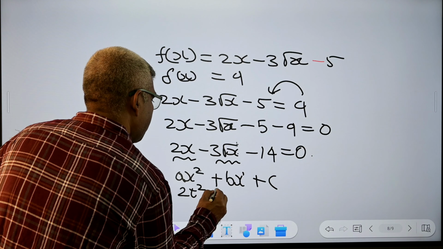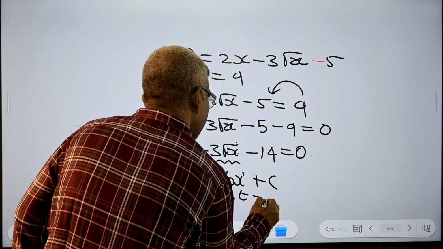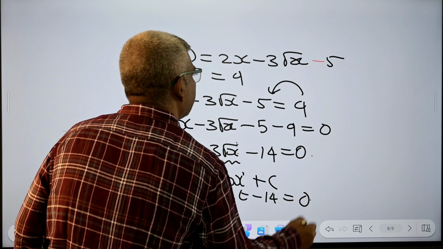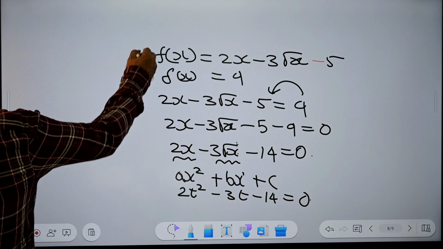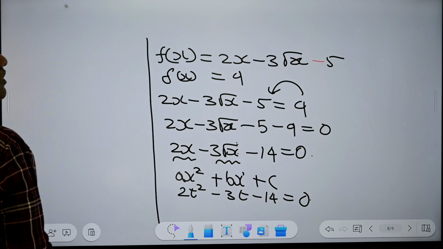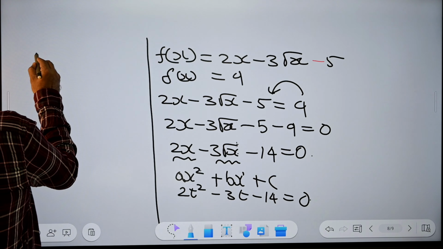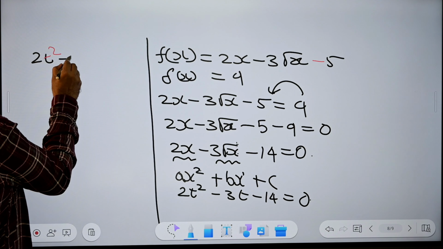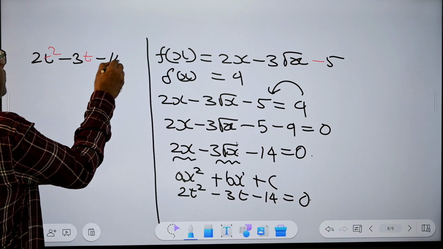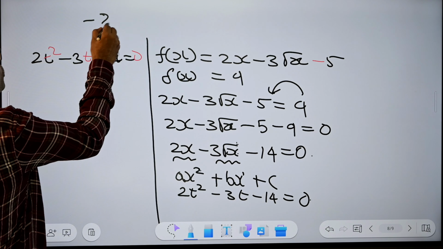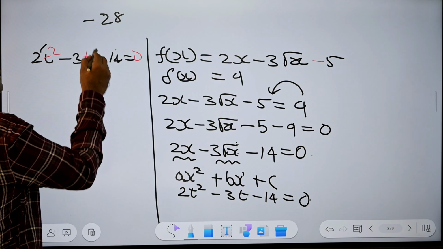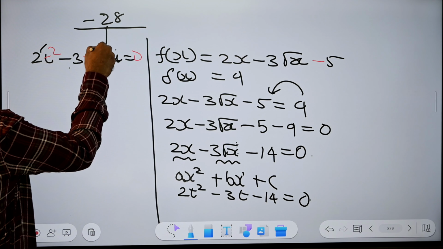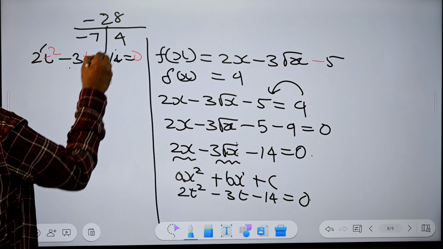2t squared minus 3t minus 14 equal to 0. What is 2t squared minus 3t minus 14 equal to 0? AC multiplied gives minus 28. The addition minus 3 has to come. So minus 7 and 4.